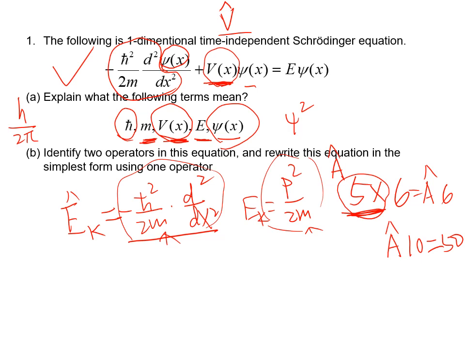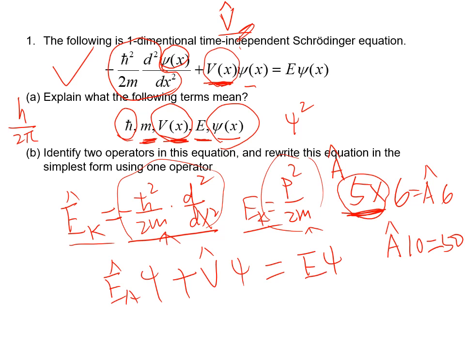So for the Schrodinger equation, if we look at these two operators, the kinetic energy operator and the potential energy operator, we can simplify it as: the kinetic energy operator operates on the wave function plus the potential energy operator operates on the wave function, equals the wave function times energy.